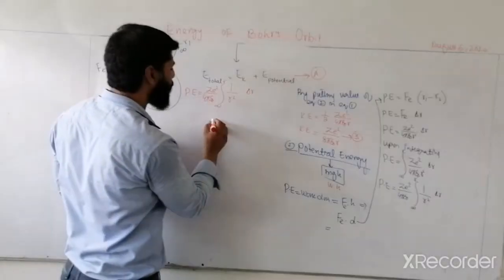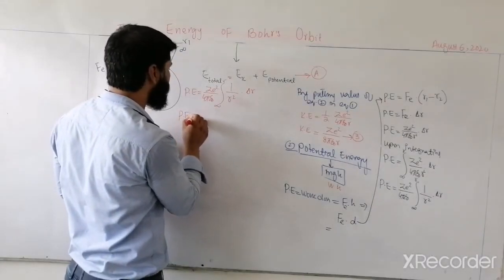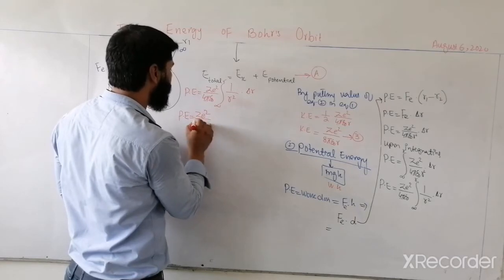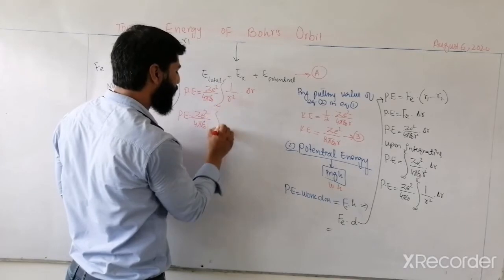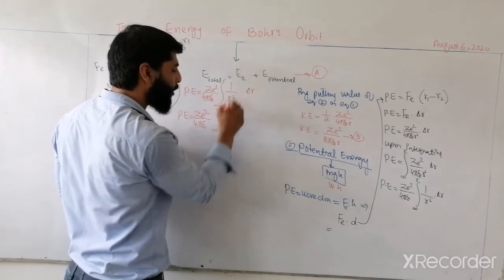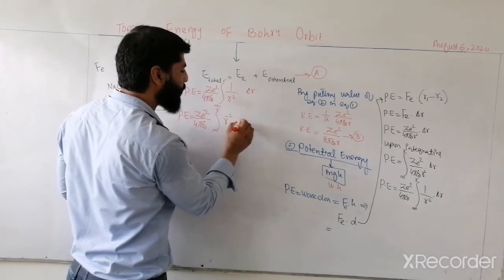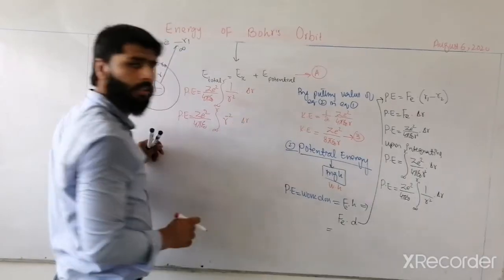So we can also write the potential energy as Ze² divided by 4πε₀ into the integral of r⁻² with respect to dr, within the limits.